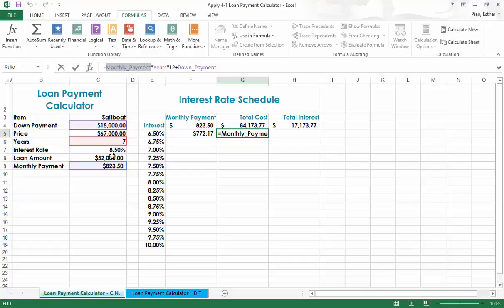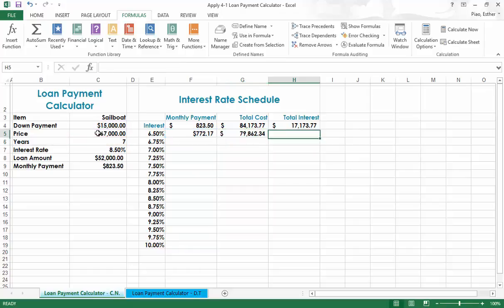It's the same thing here. We are not using monthly payment. I'm confused, I'm sorry. Instead, we are using the monthly payment amount here. Except for this, the rest of the values we can use those cells. The total interest equals monthly payment times your years times 12 minus your initial loan amount.